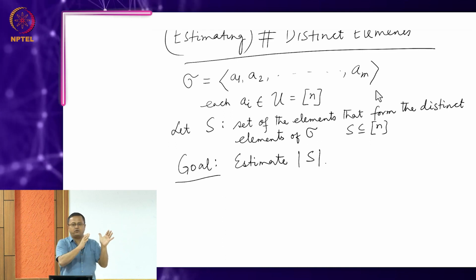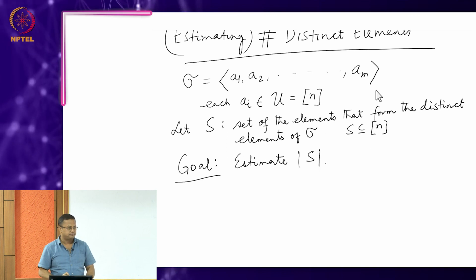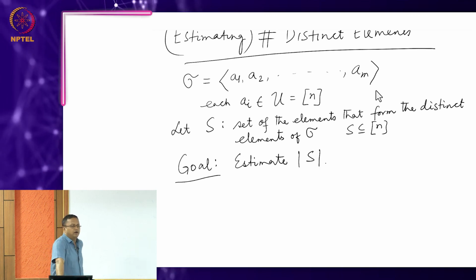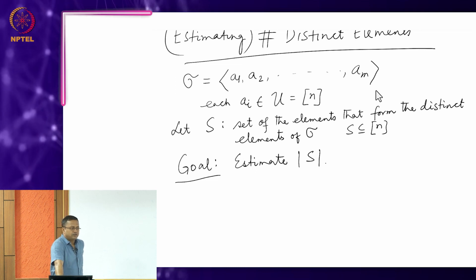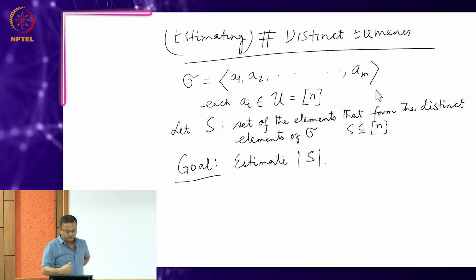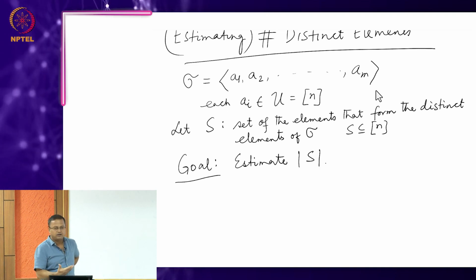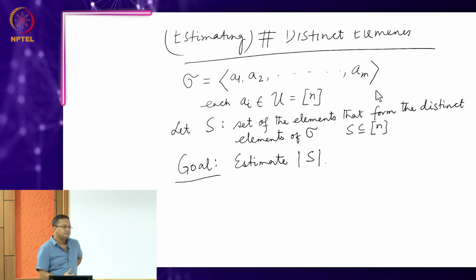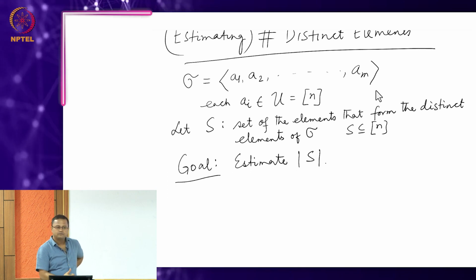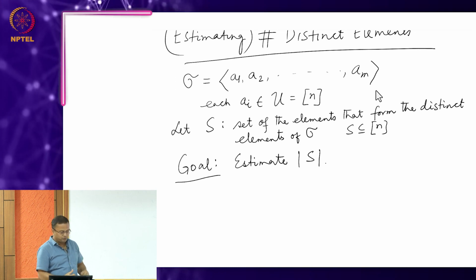Then S is the set only 1, 2, 3. So, S is the set of distinct elements that I get from sigma. So, my goal is to estimate the cardinality of S. That is what finding distinct elements is all about. Okay. What do you do?